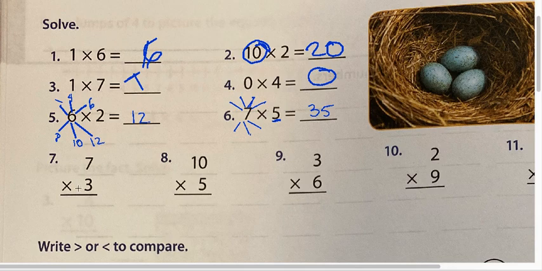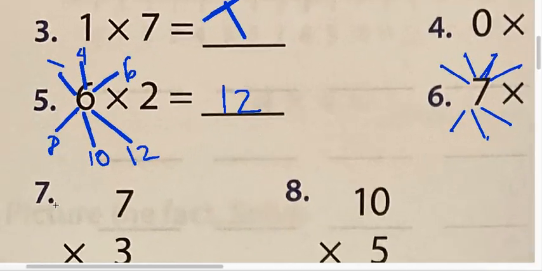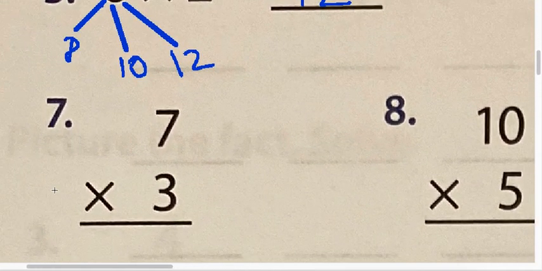Now here we have 7 times 3. Here's another trick that I'm going to show you. Maybe you probably know it already. I'm sure Mrs. Spears taught you this one, the touch numbers. Instead of drawing lines, we can draw dots: 1, 2, 3, 4, 5, 6, 7.